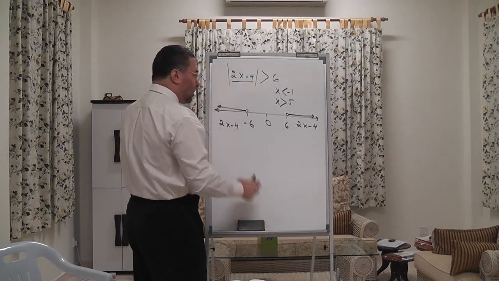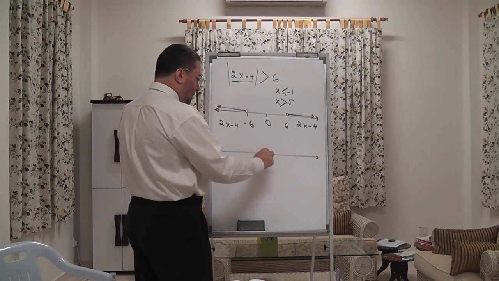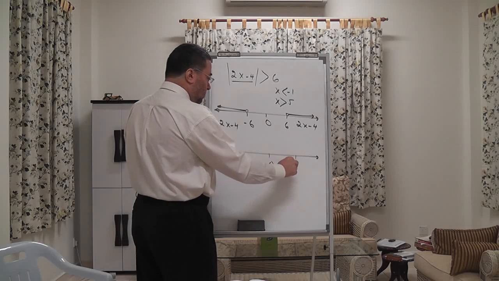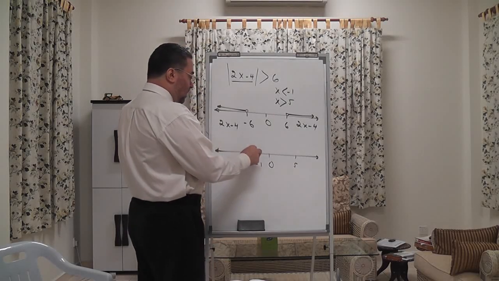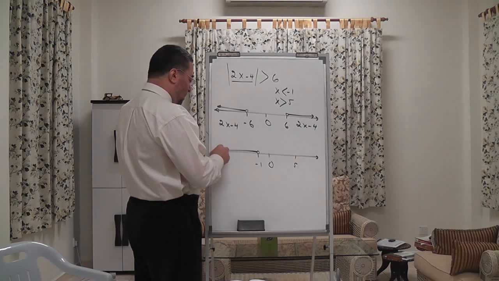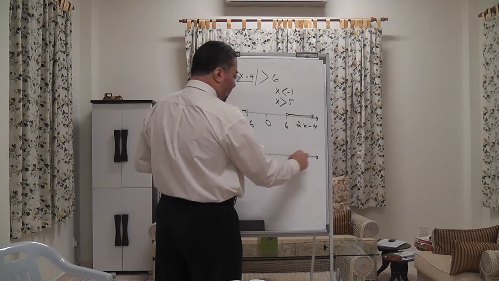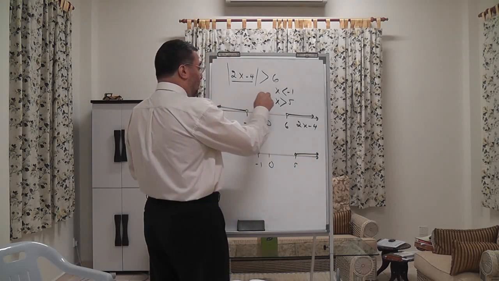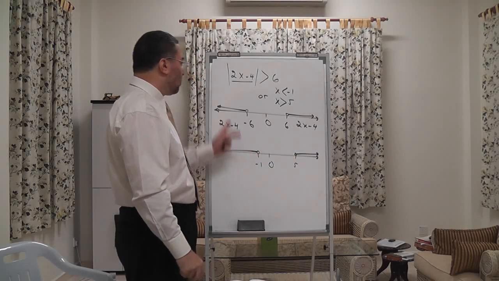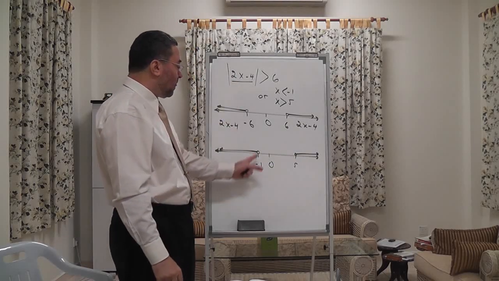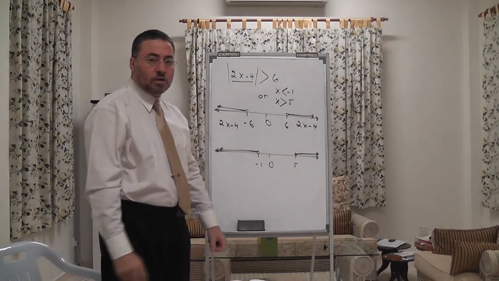Now we draw the number line. And x should be less than -1, and x should be more than 5. And here we have the word or. So any of these two sets will fit this inequality. And this region between -1 and 5 is the rejected region.